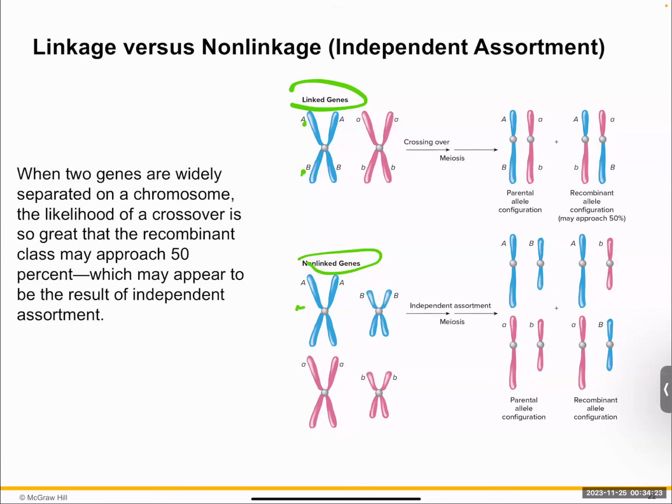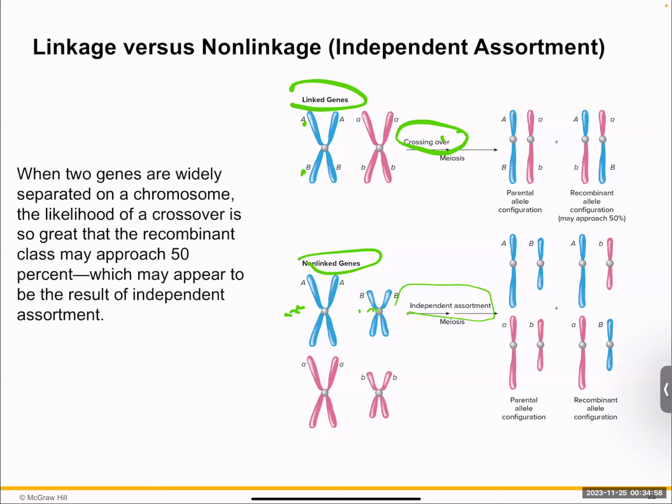In this case, they are on two separate chromosomes, which means the chance of independent assortment is pretty high, and therefore forming the parental genome is a more frequent option. But here, if you have linked genes, you have a higher chance of crossing over. If you have non-linked genes, you have a chance of completing the independent assortment.